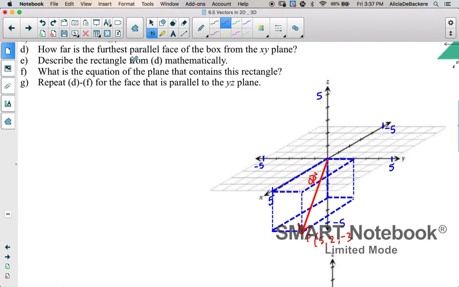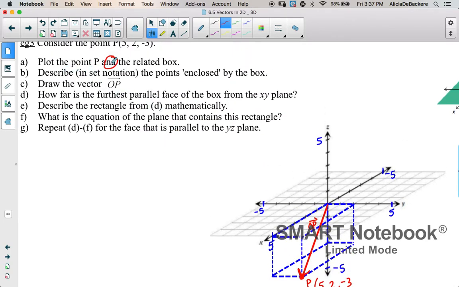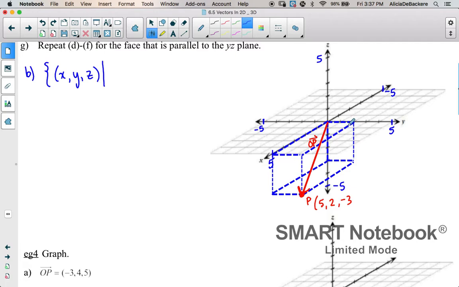Now, part B asks us to describe in set notation all of the points enclosed by the box. So for part B, I'm going to draw a set, opening up the set of all the points in the form x, y, and z. But if I'm inside the box, then there are some rules for what kind of numbers I can pick for x, y, and z. So I'm going to list each of those rules.